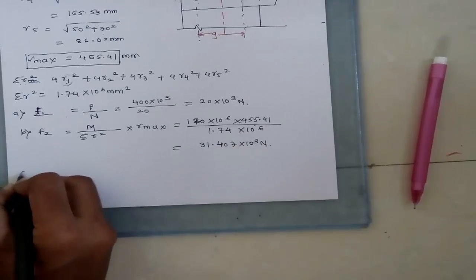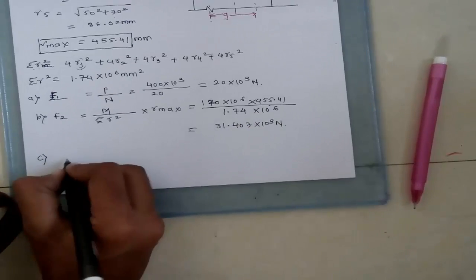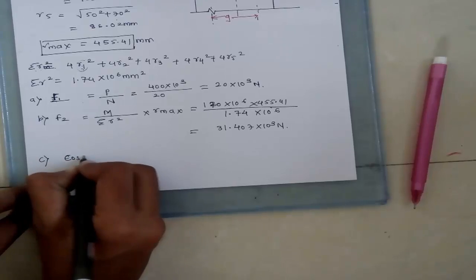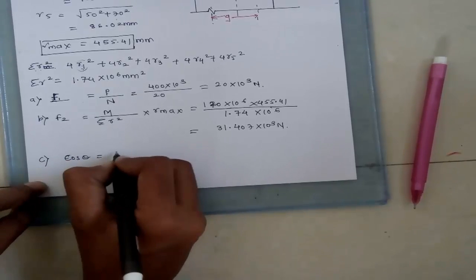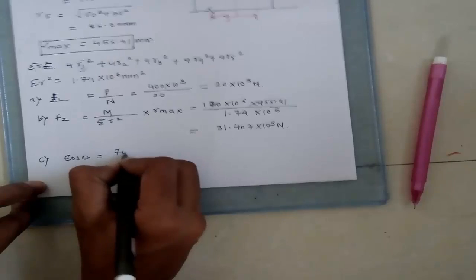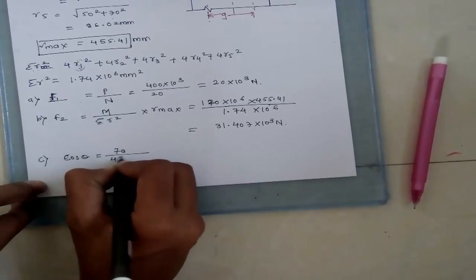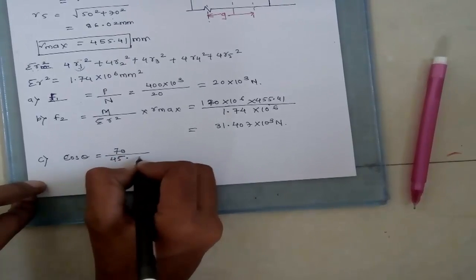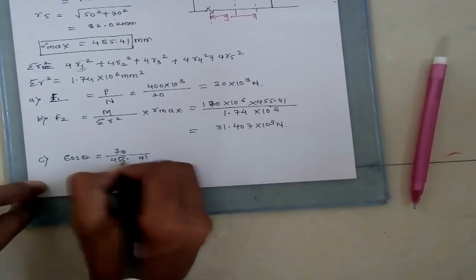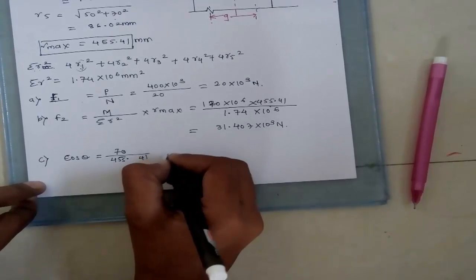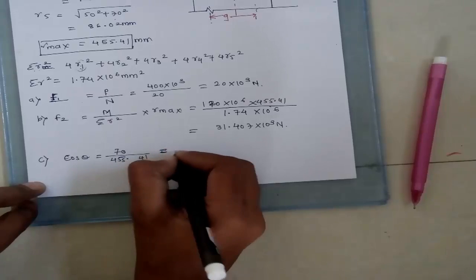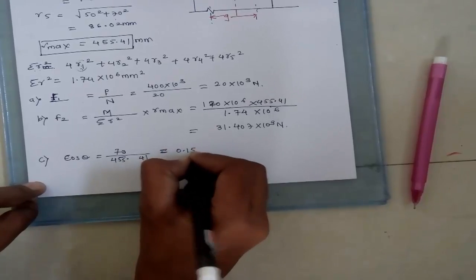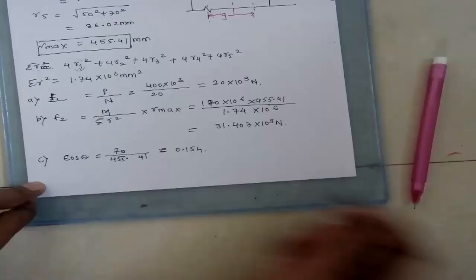Next, cos theta equals adjacent side over hypotenuse: the adjacent side is 70 and the hypotenuse is 455.41, that is R1, so we get 0.154.